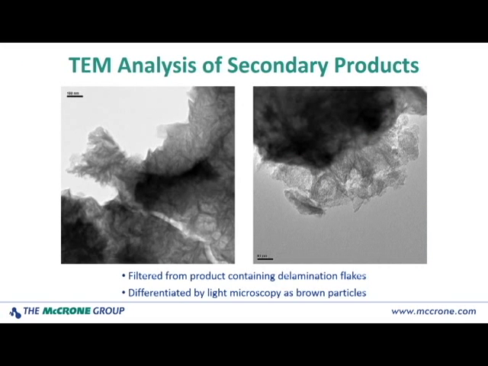I mentioned that formation of secondary products is a concern, and this is an example of something that you can easily see in the TEM, possibly not in the SEM. This was a filtered sample from a product known to contain delamination flakes, but looking at the material on the filter using light microscopy, there were brown particles evident that looked different from the delamination flakes.